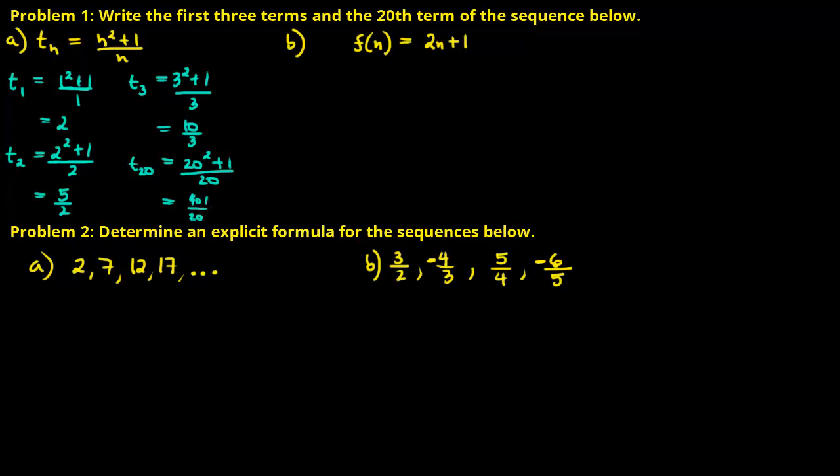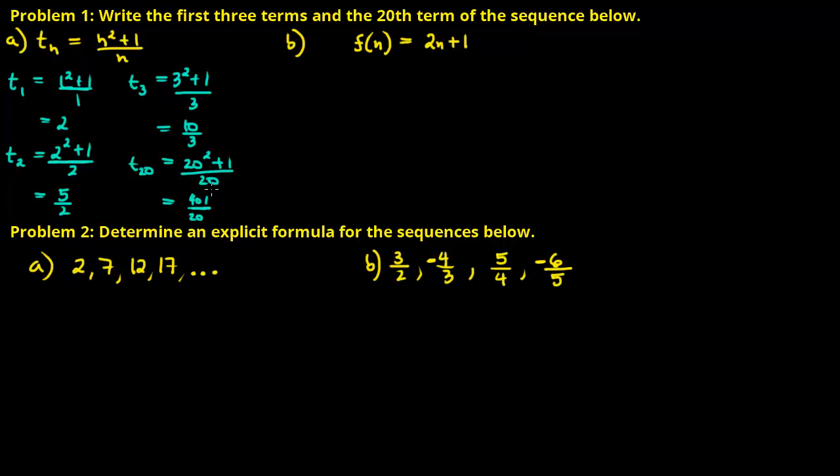So we have that the 20th term is 401 over 20. So the first term in this sequence would be 2, then the second would be 5 halves, and then 10 thirds, and then the 20th would be 401 over 20.